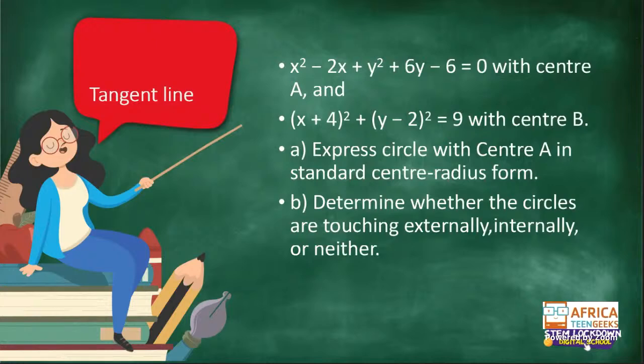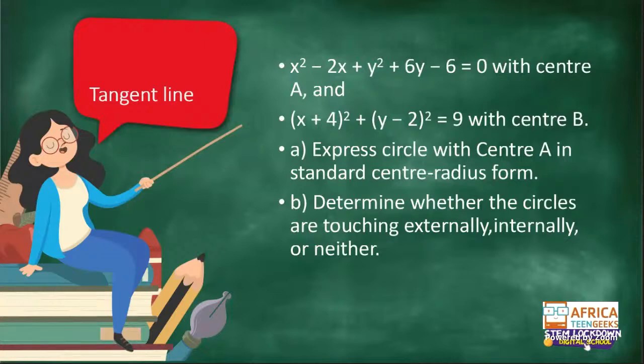Again, for the first equation, you have to write it like the second equation. You see that x squared minus 2x is the beginning of an identity. y squared plus 6y is also the beginning of an identity, which by now you are supposed to know.